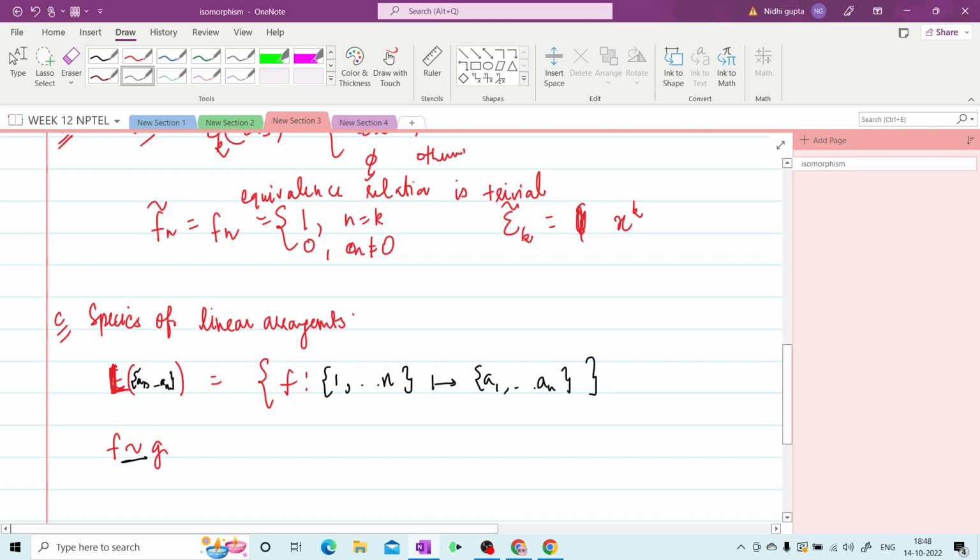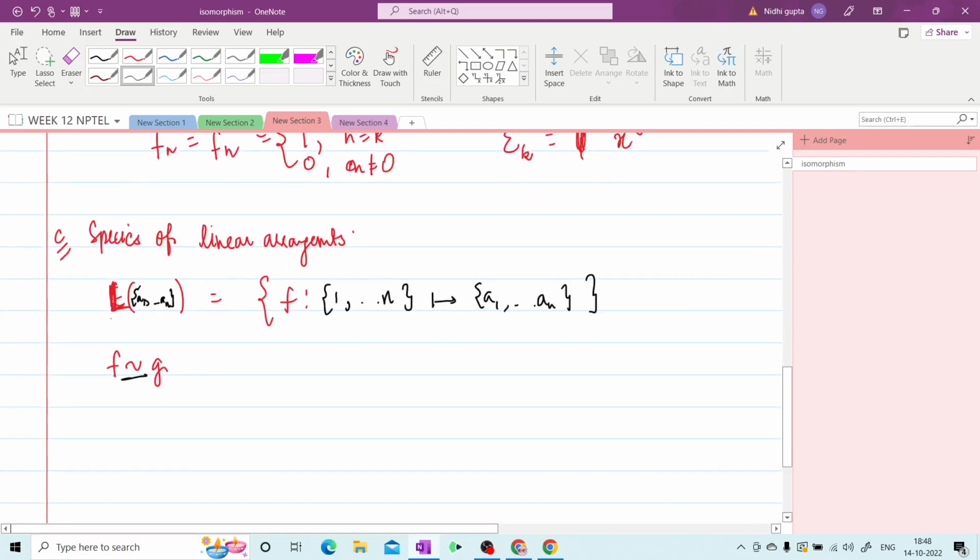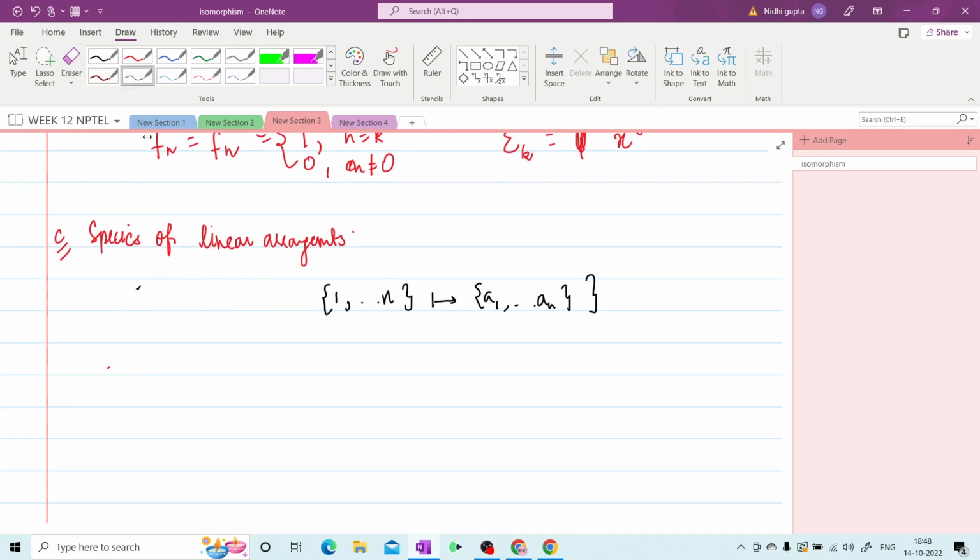Now we are saying that f is related to g. L of a1 to an is the set of functions, sorry, my notations are bad.